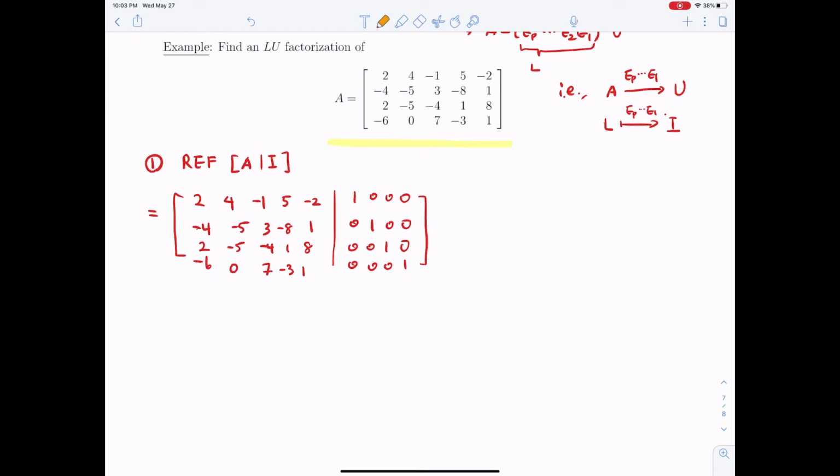Here, the only allowed operation is to multiply some number on a row and then add that row to the row below it.